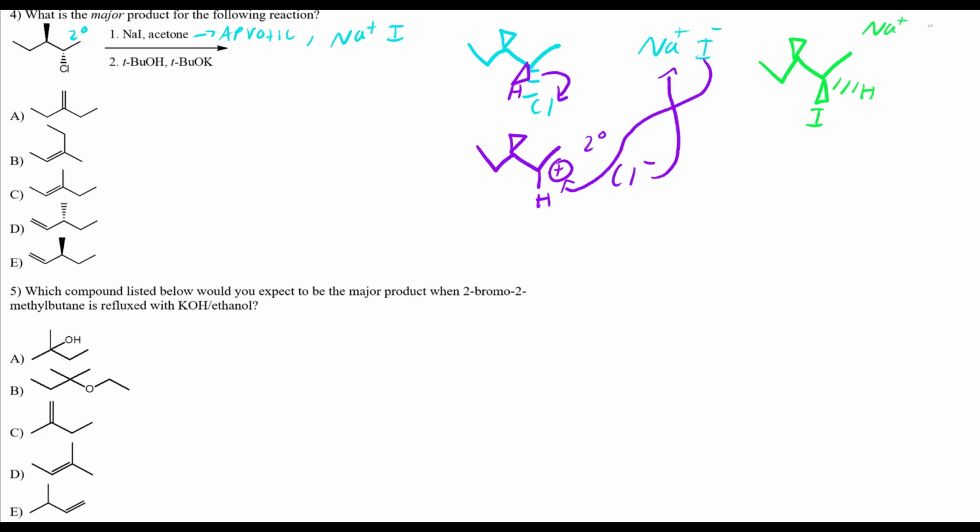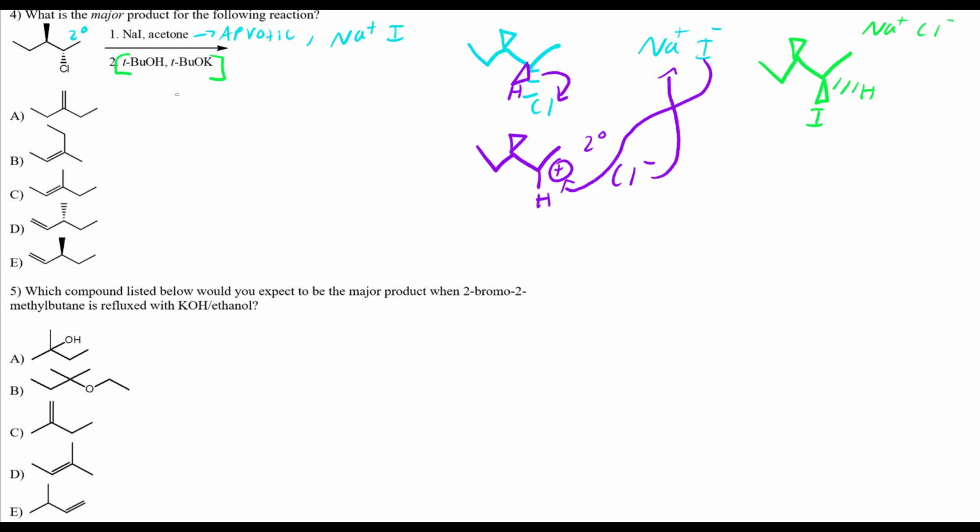Now we have to treat this guy with these materials, right? Now here's something very important, something that's super important. It's important for you to know that we will not be favoring Zaitsev's rule. We will actually be favoring Hoffman. How do I know that?